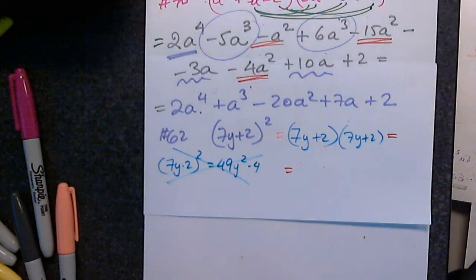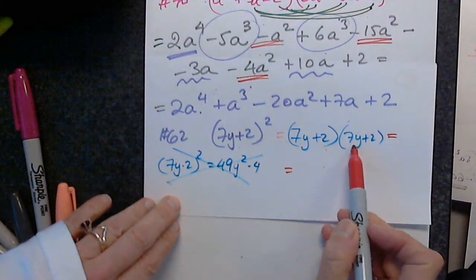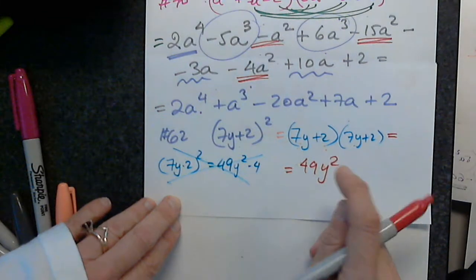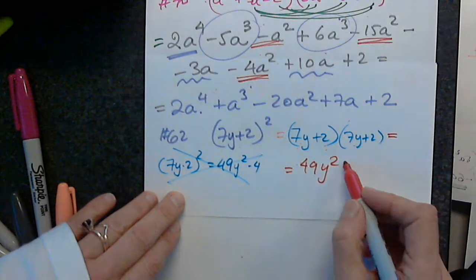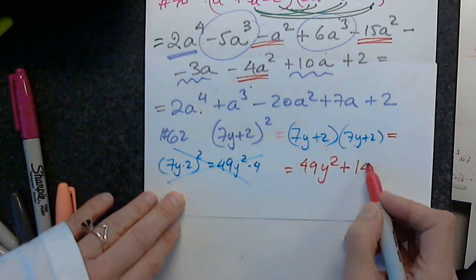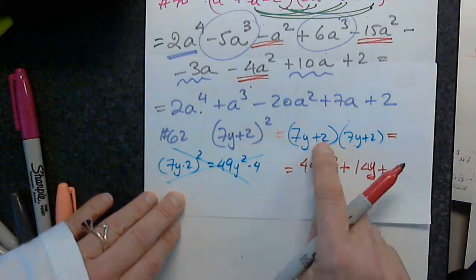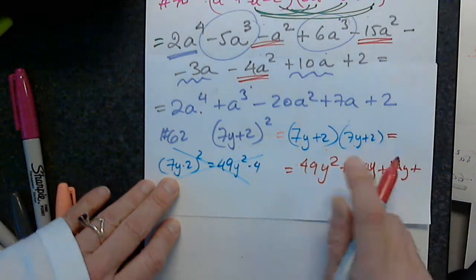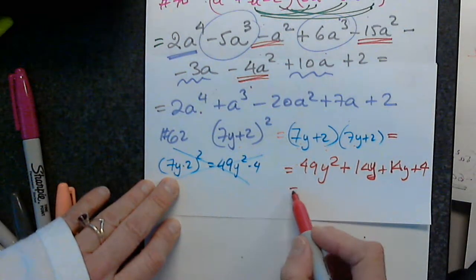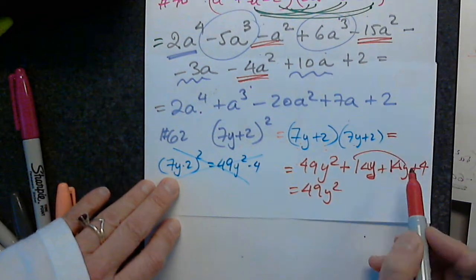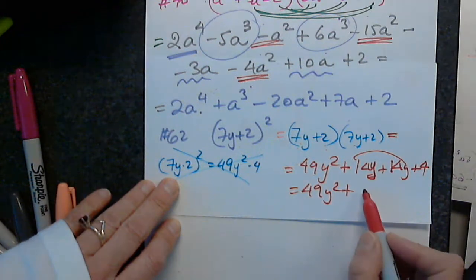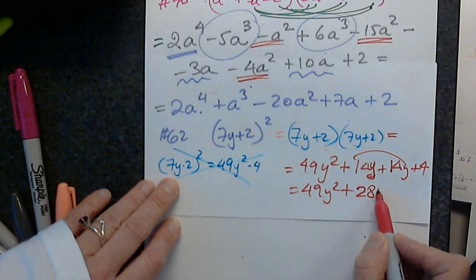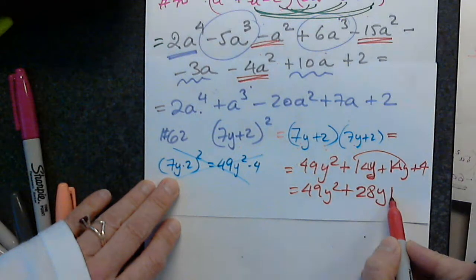So, let's proceed. 7y times 7y, 49 y squared. Perfect. 7y times 2, 14y. 2 times 7y, 14y. 2 times 2, 4. Good. So 49y squared plus 28y plus 4.